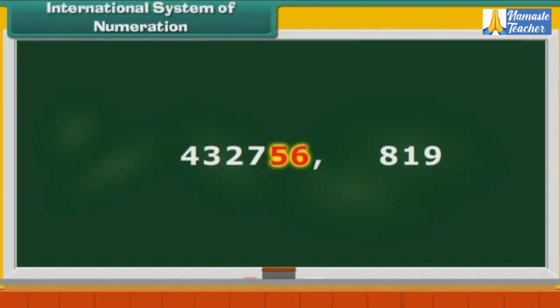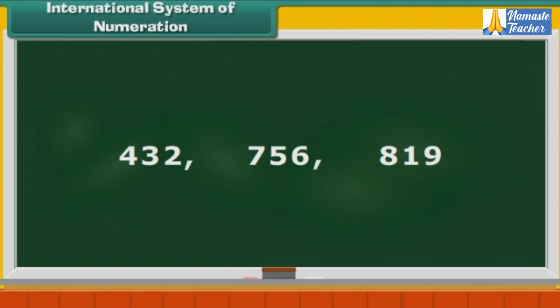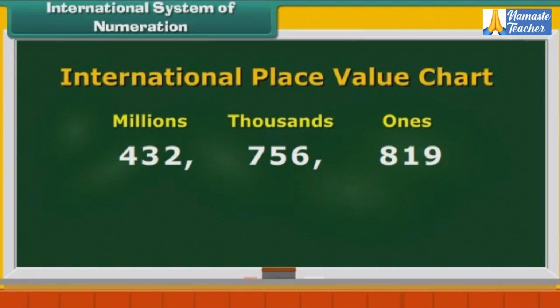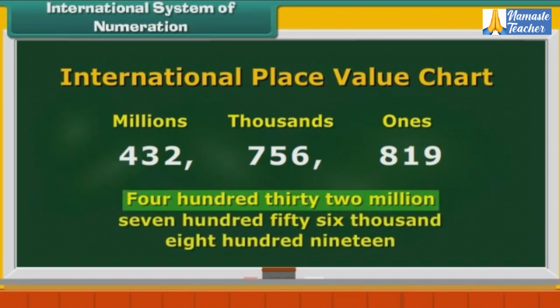Then we count 3 more digits and place a comma before 7. Thus, we have 3 groups: ones, thousands, and millions. This is the International Place Value Chart. Now, let us read the number from left.